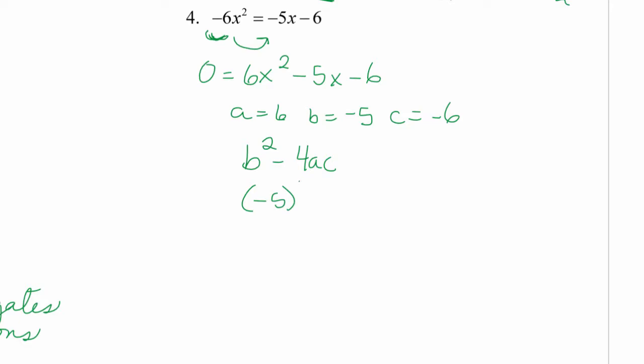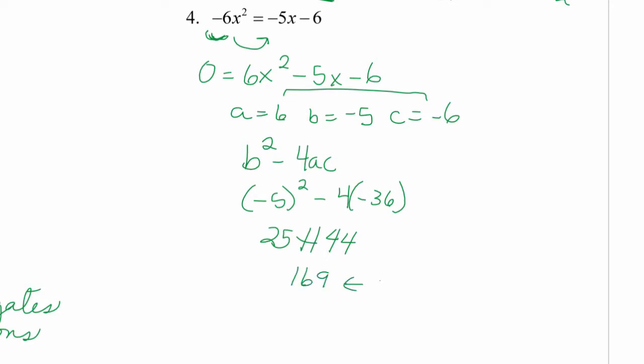Negative 5 squared minus 4, and then a times c, which is negative 36. So this is 25 plus 144, which is 169. So that's a positive discriminant and a perfect square.